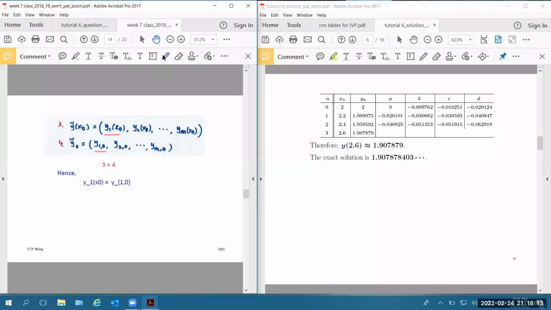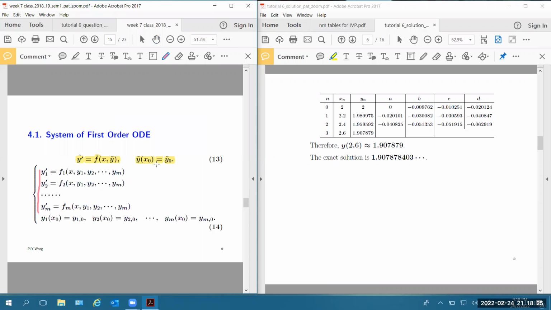And of course, your second component, this one here equal to this one, so that will give you another one. Then of course, the last one equal to the last one. So these are actually the initial conditions, and it will give us all this. So that's how all these come about. They actually come from here. Is it okay? All right, so 13 is a short form.